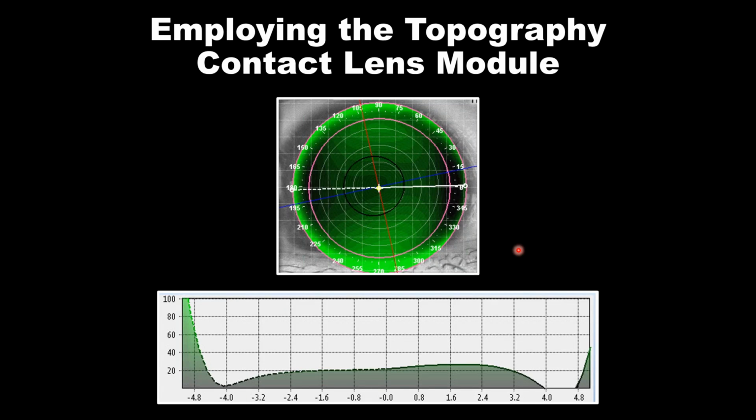And when you build a lens in 3D space from a topography that's skewed to one side or the other, that makes it very difficult for the contact lens software to predict the appropriate landing of the lens. And that's seen here, where on the temporal side, we have a lens that looks like it touches down appropriately, but the software is saying that that lens needs to dive into the surface.